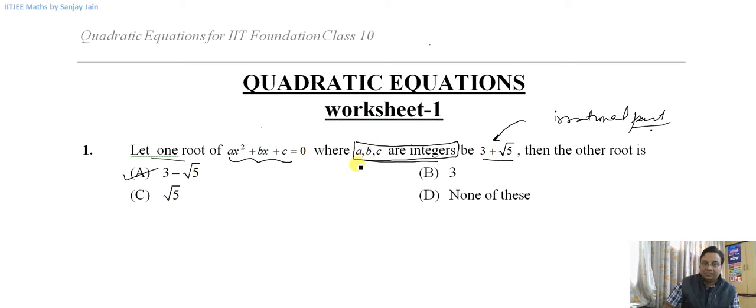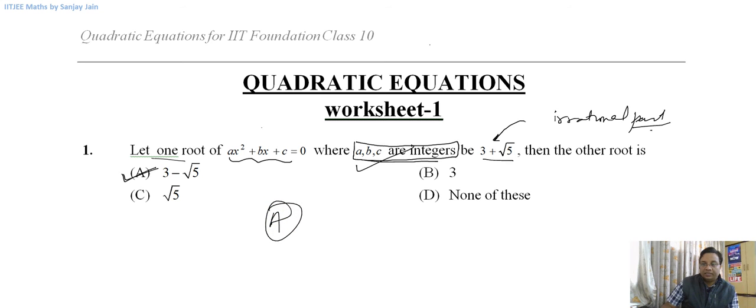Until and unless this is mentioned here, we could not have said this directly, right? I have talked about it in the lectures, so if you are uncomfortable with this idea, then go to the lectures first. So the answer to this question here is option A.